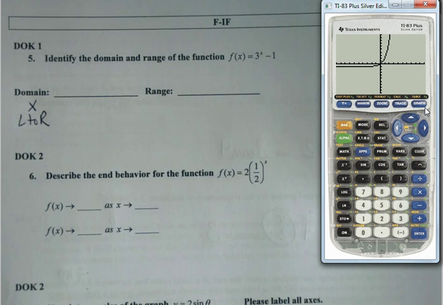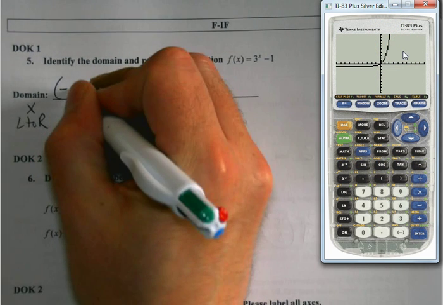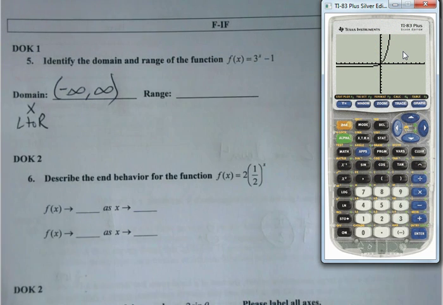So I look at this graph, and I go, okay, well, it keeps going to the left forever. And if this little picture here kept going, this would keep going upward and outward forever. So every time on one of these growth problems, my domain's going to be negative infinity to infinity.